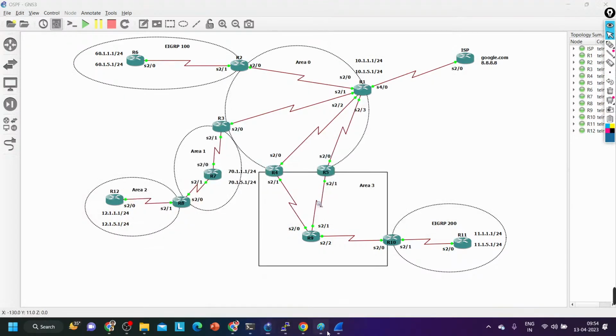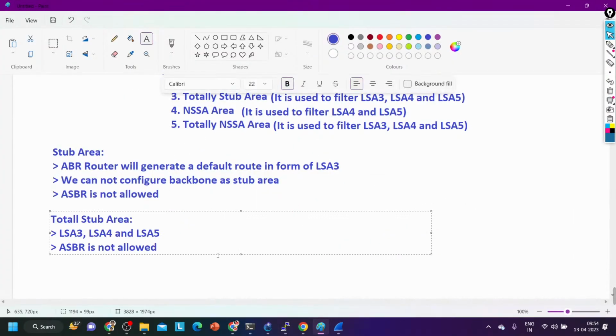So these are area, guys. NSSA area is used to filter LSA 4 and LSA 5. Done. And totally NSSA area is used to filter again LSA 3, 4 and 5.